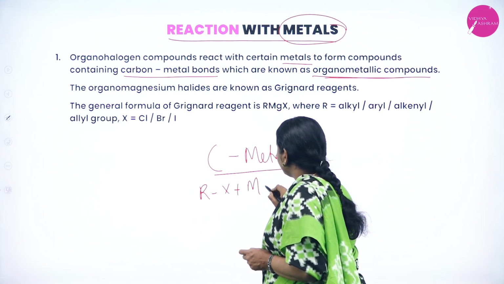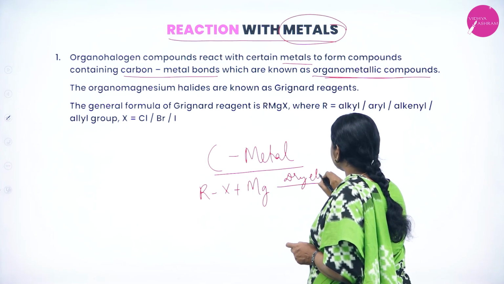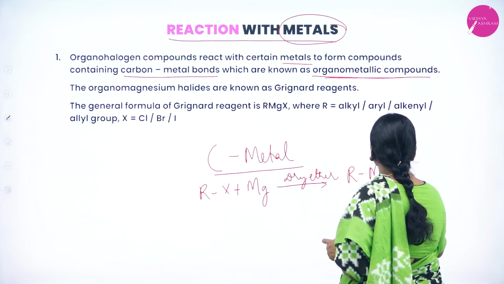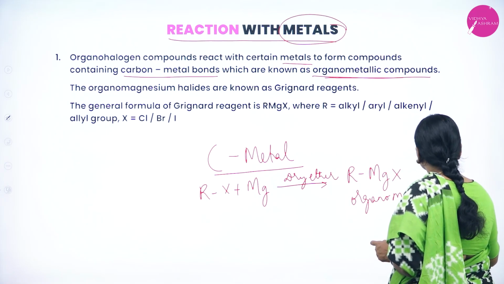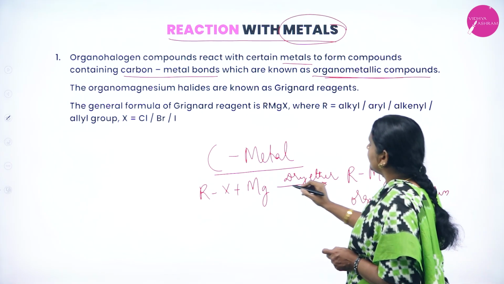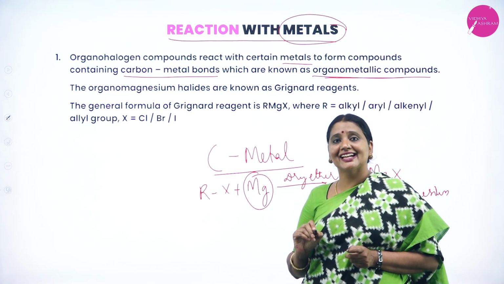Now, alkyl halides or organohalogen compounds react with magnesium in the presence of dry ether. In the presence of what? Dry ether. They form organomagnesium halide. Here which metal have I considered? Magnesium. And which one is used as solvent? Dry ether.